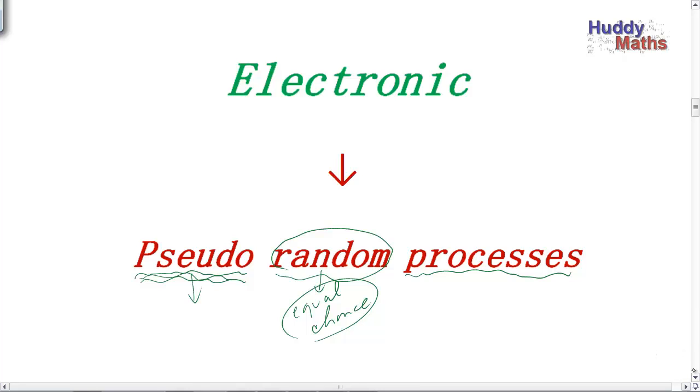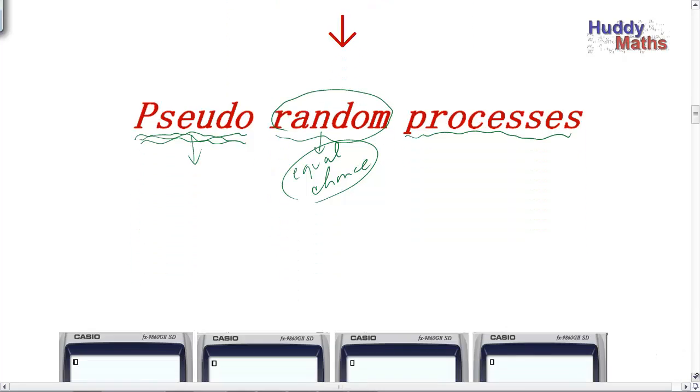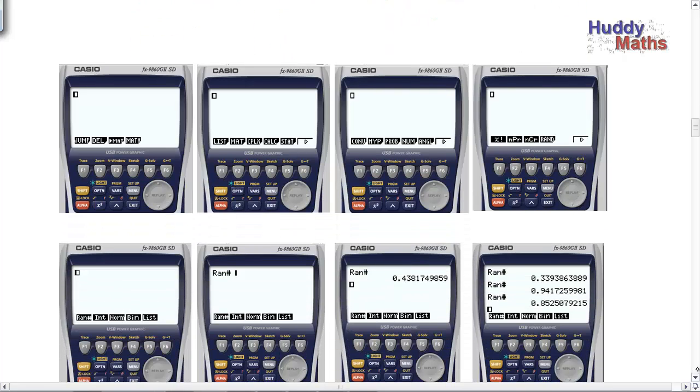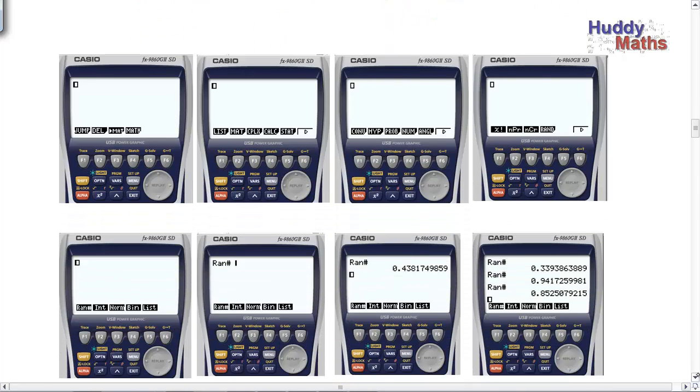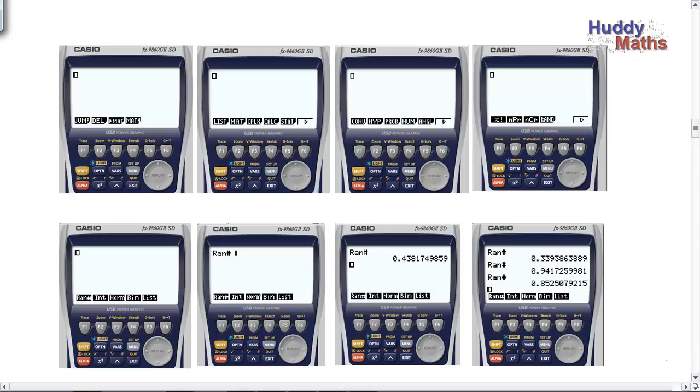Let's have a look at using this electronic approach to simulation. Here's a Casio 9860 Plus calculator, and I want to take you through the steps to generate random numbers. If we can generate random numbers, they could represent random outcomes in some situation. Here we've got the run mode.